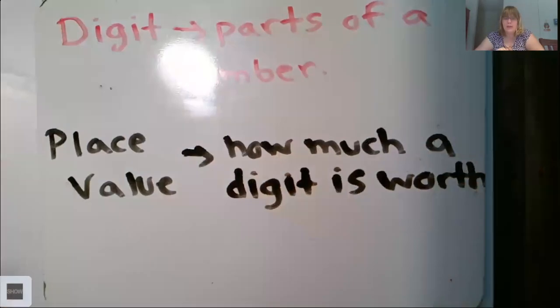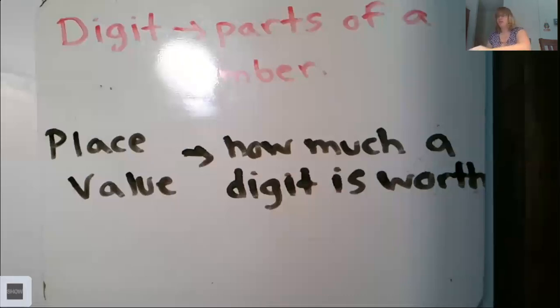So kind of thinking about it as something that has value, something that means something else. So if I have a dime, I call it a dime, but I know it's worth 10. If I have a penny, I know it's worth 1. Numbers work the same way.